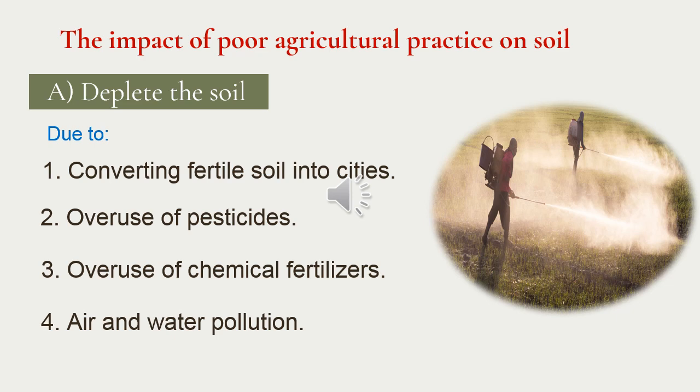The overuse of pesticides. Do you know what is meant by pesticides? Pesticides are the materials that the farmer uses to kill insects. If we overuse pesticides, it can harm the soil and cause the loss of the vitamins and minerals which are found inside it.